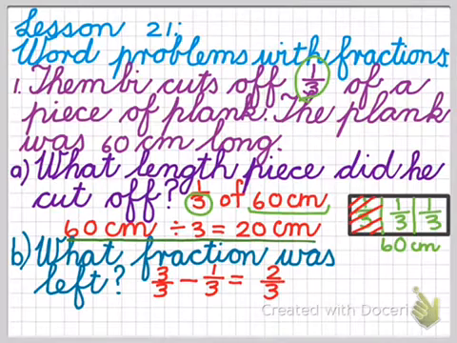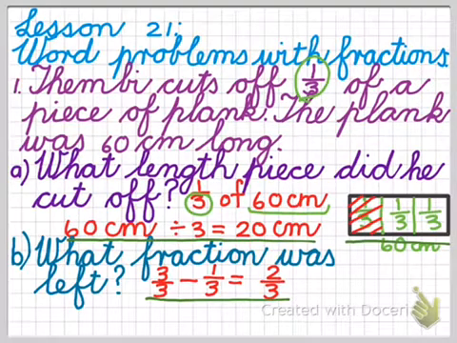And at B, there we have our number sentence as well. It's always good to make a little diagram like we did here. Won't you please also make a diagram so that it will help you to work out your word problem properly. Thank you.